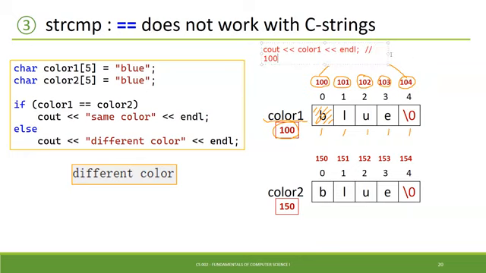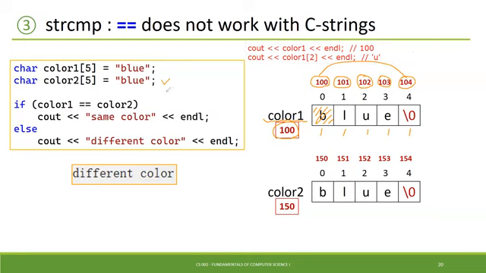And if you print out cout color1[2], then you will see U, right? Because U is at 102, color1[2], the third cell.